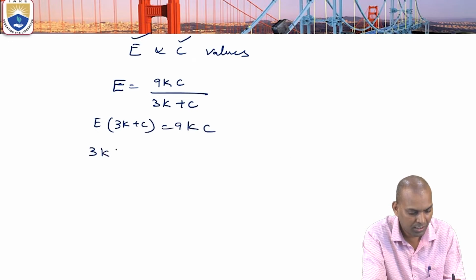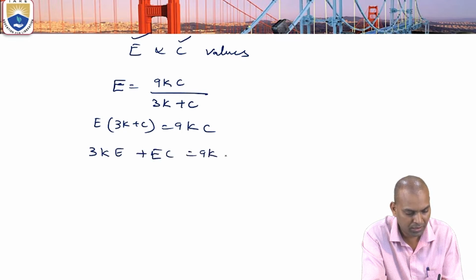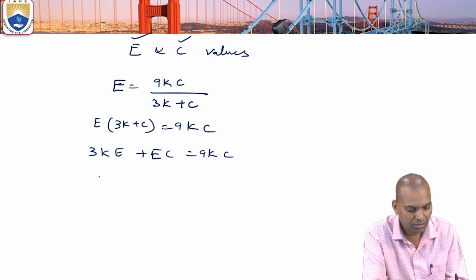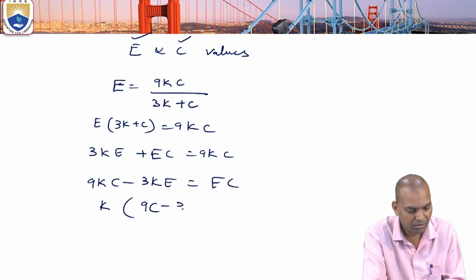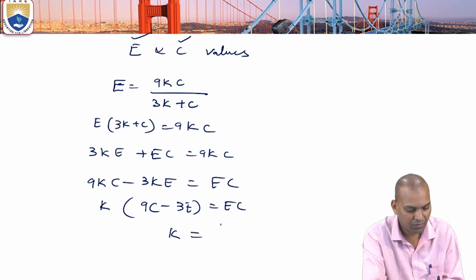That is 3kE plus EC equal to 9kc. Make it 9kc minus 3kE equal to EC. Take k common: k times 9c minus 3E equal to EC. From this, k equal to EC by 9c minus 3E.